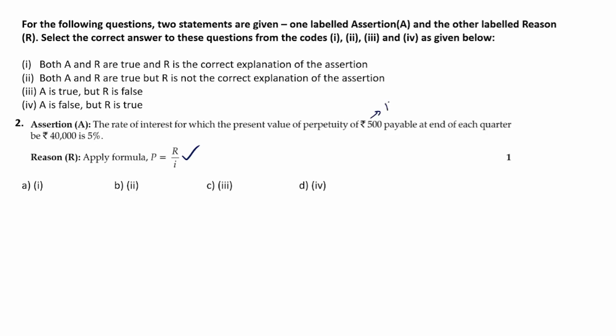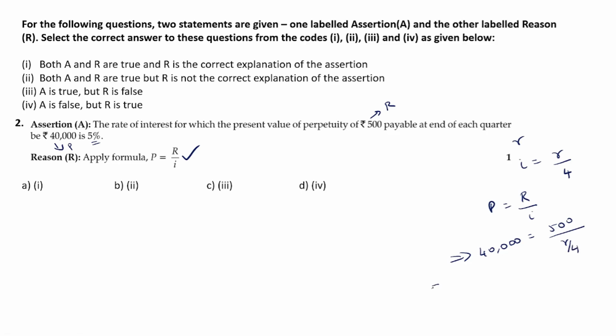Here this is R, and we have P as rupees 40,000. We have to check whether the rate of interest is 5% or not. So let R be the rate of interest. In that case, we will have I equal to R by 4 because it is payable at the end of each quarter. So P equal to capital R by I implies 40,000 equals 500 upon I, where I is R by 4.